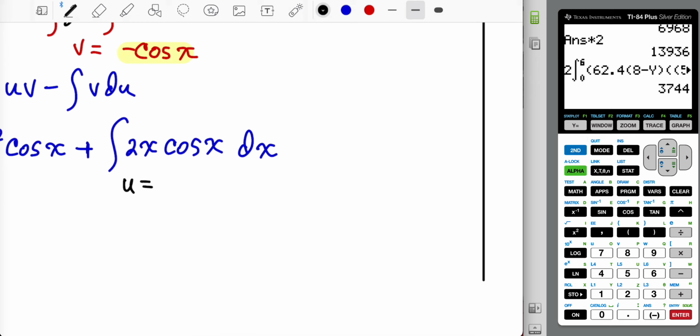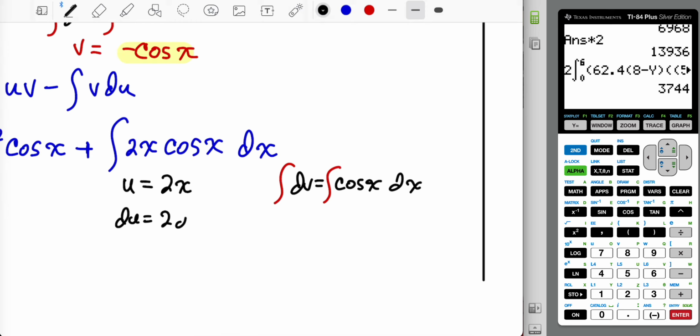So let's carry out the process again. Let u equal 2x, dv equals cosine x dx. So du is equal to 2 dx, and v is equal to sine of x.